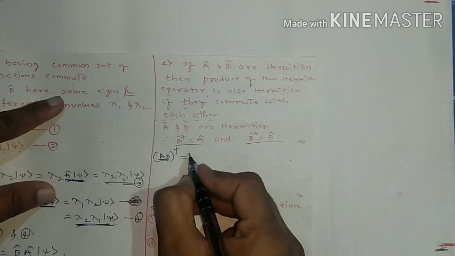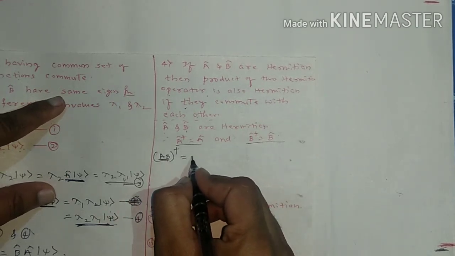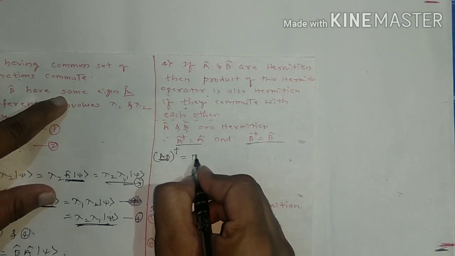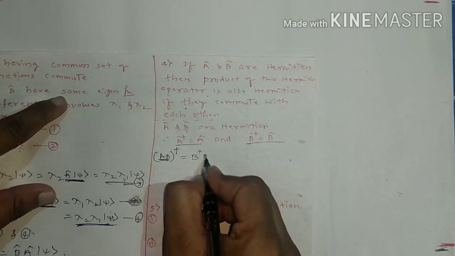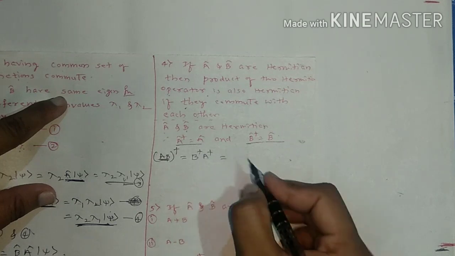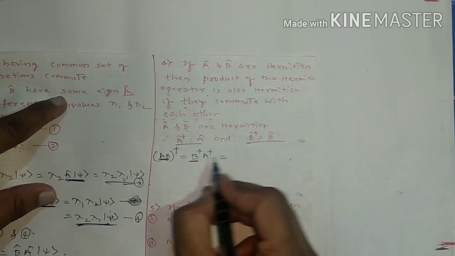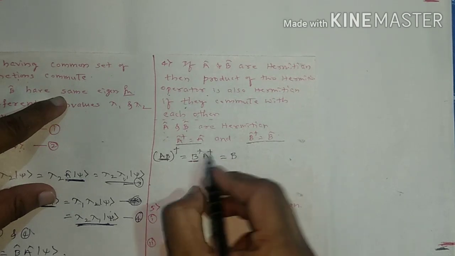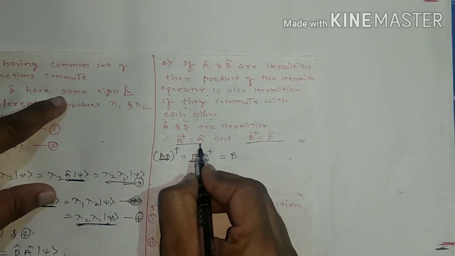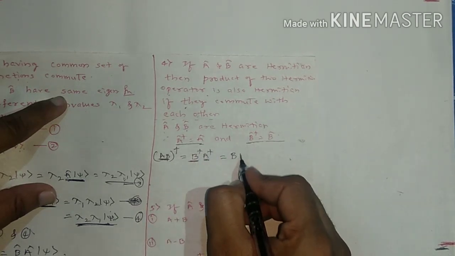By using the property of adjoint, this can be written as B dagger A dagger. And see here, B dagger is nothing but B because B is Hermitian, and A dagger is nothing but A because A is Hermitian.